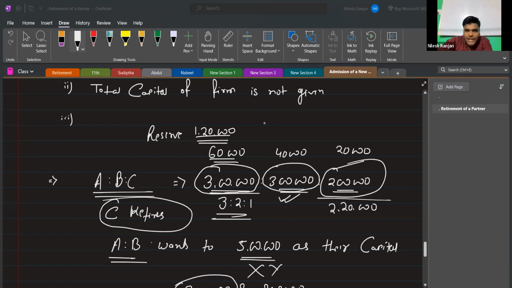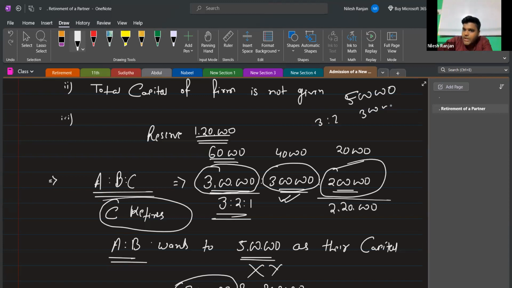Let's say if total capital is 5 lakh and the profit sharing ratio is 3:2, then their capital is 3 lakh and 2 lakh. You can say their capital will be as per their profit sharing ratio. And here the ratio is 3:2 only.